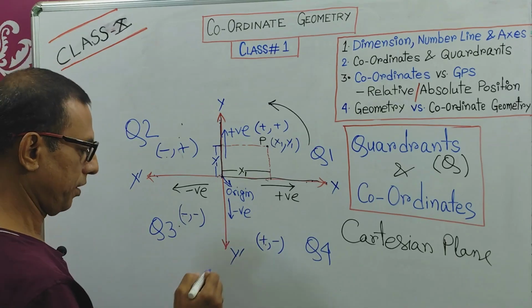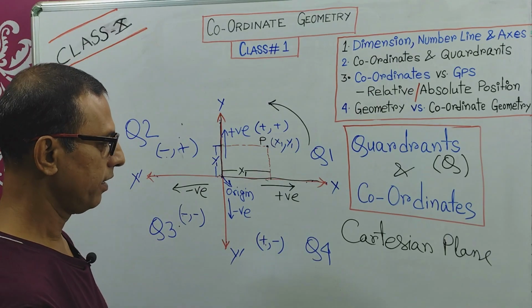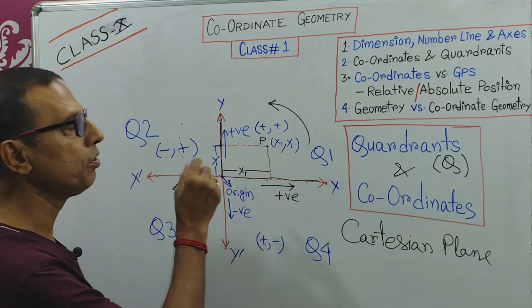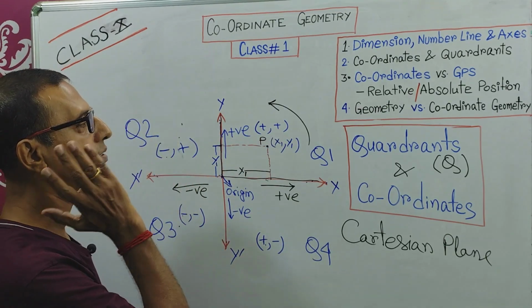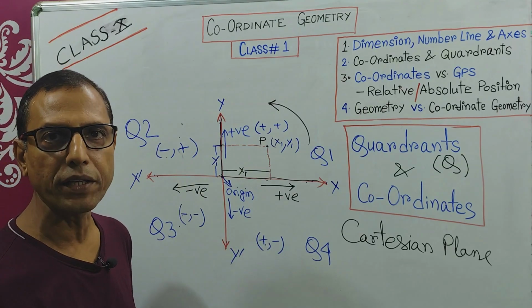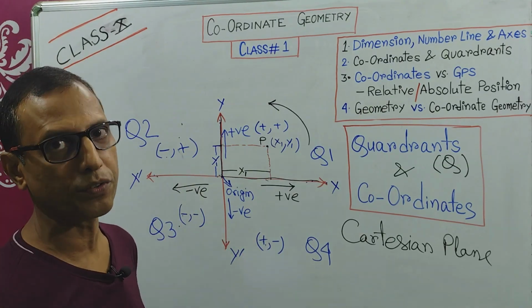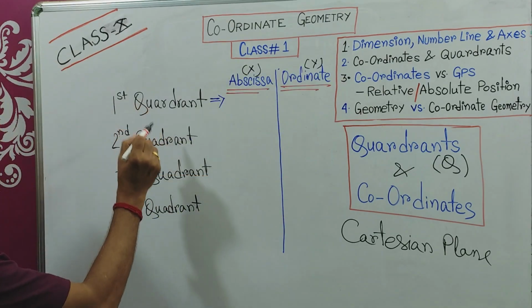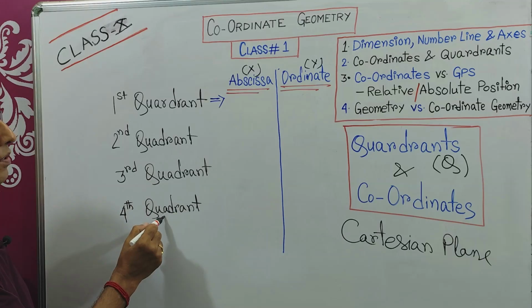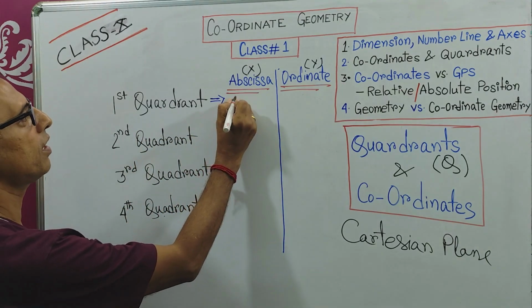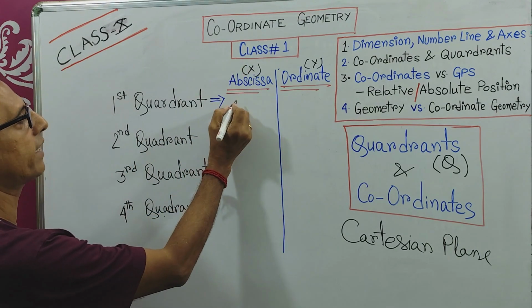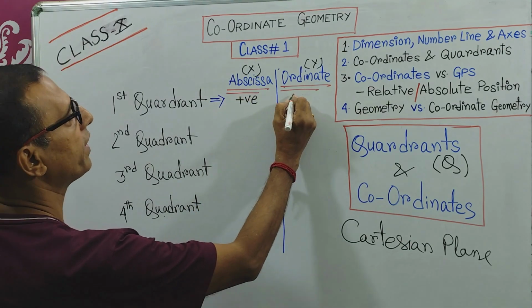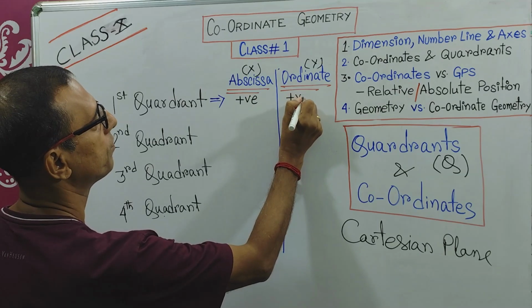Let me give it in a tabular form. Then by just looking at the point's coordinates, you can understand in which quadrant it is. First quadrant, second quadrant, third quadrant and fourth quadrant. In the first quadrant, the abscissa or x coordinate is positive, and the ordinate is also positive.